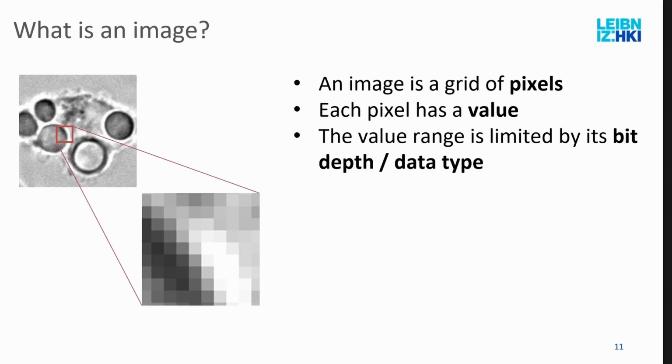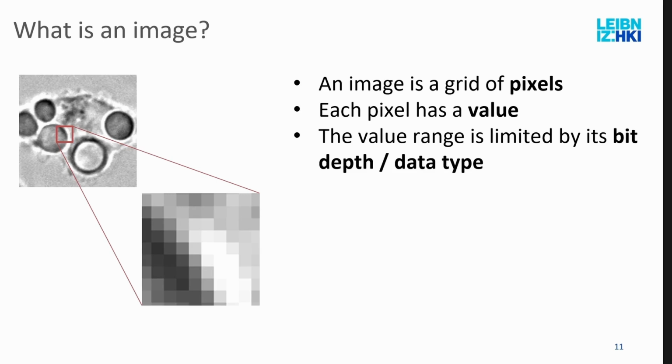So what is an image? If you zoom in very much in any image editor, you see that an image is just a grid of pixels. Looks like that. If you zoom in very much, each pixel in general has a value. And this value is not infinite.